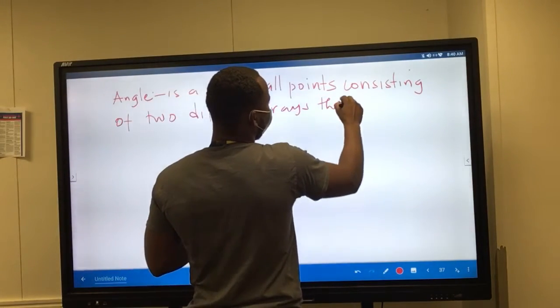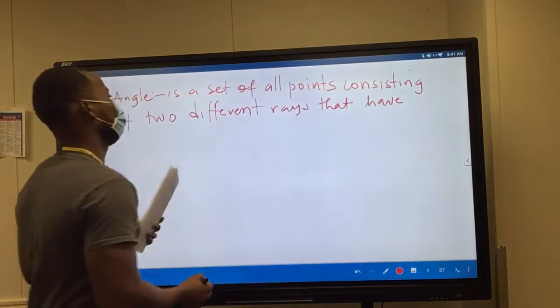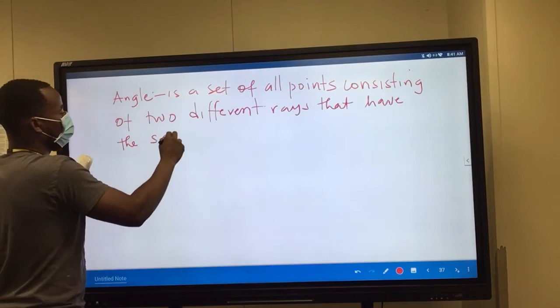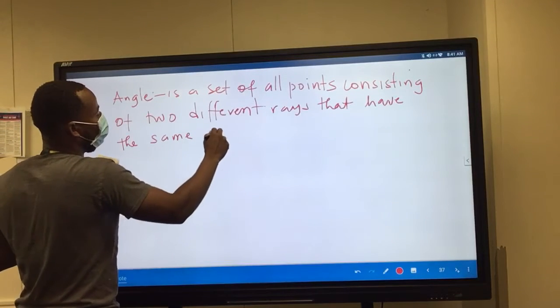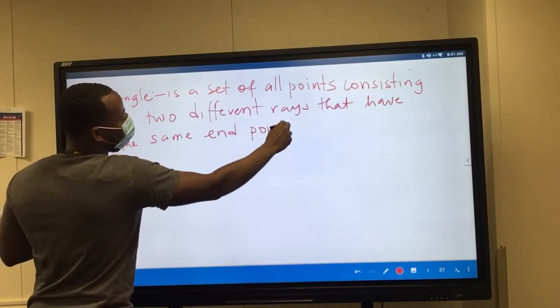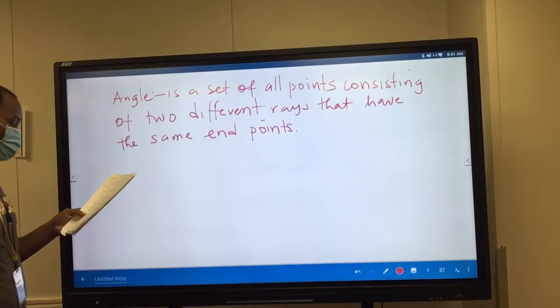Different rays that have the same endpoint.